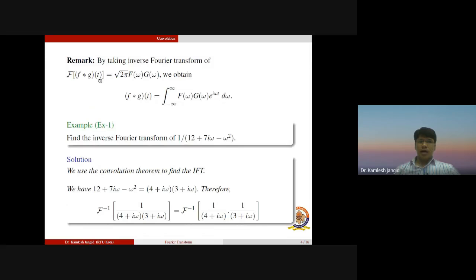A special remark here, by taking the inverse Fourier transformation of this convolution. The Fourier transformation of the convolution of two functions is equal to the product of their Fourier transformations times square root of 2 pi.